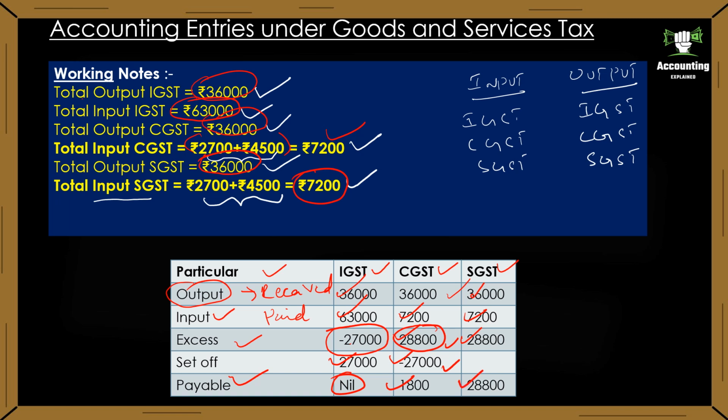SGST is 28,800. This is the amount payable. We have received from customers, this we have to pay. This we have paid, and this can be set off against what we have to pay. If you understand this, we can easily solve the problem.